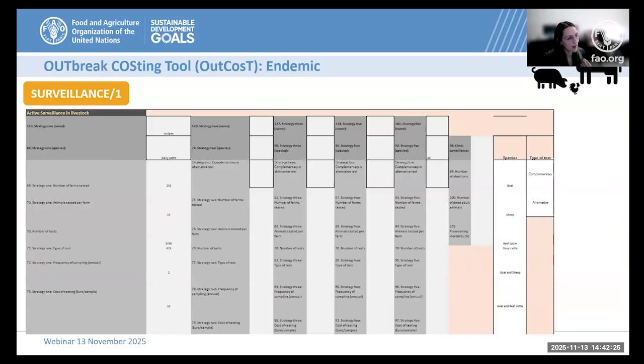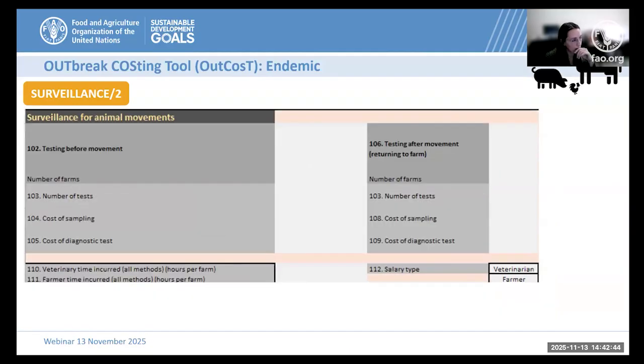For surveillance, we had this divided in different strategies. So you can implement the surveillance in farm, slaughterhouse, wildlife, or other. We added also this part for surveillance in animal movements, because that's really important in endemic diseases also.